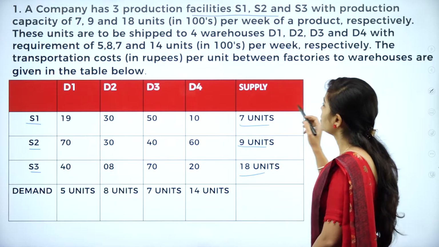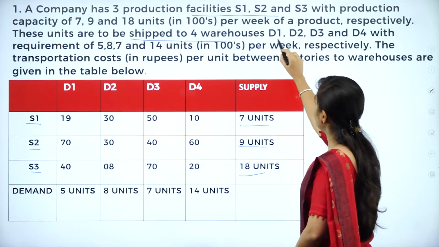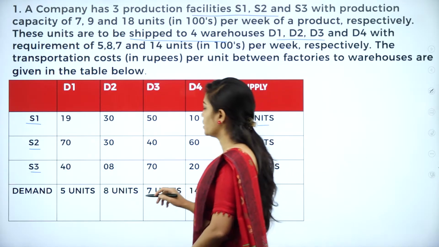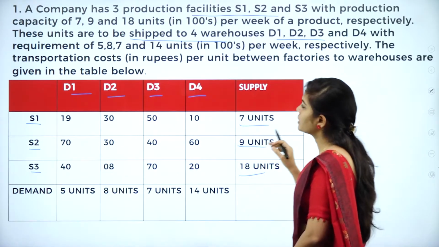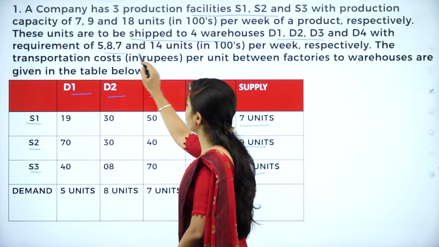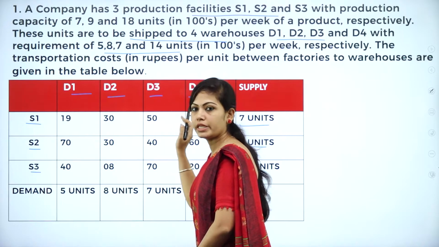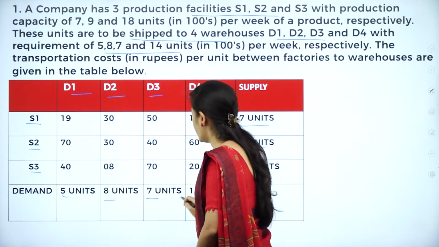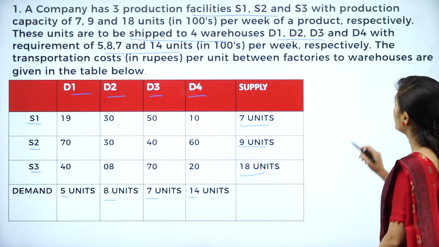And these units are to be shipped to warehouses D1, D2, D3 and D4 with requirements of 5, 8, 7 and 14 units in 100 rupees per week.